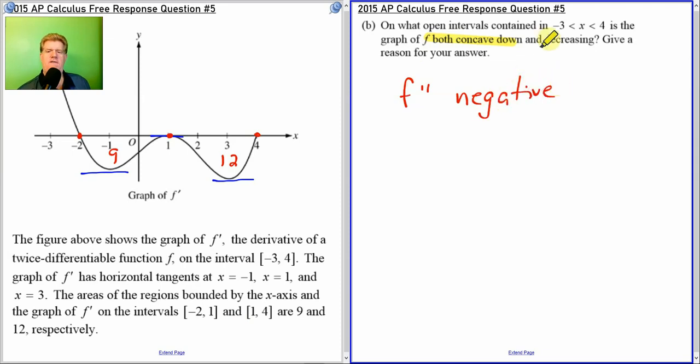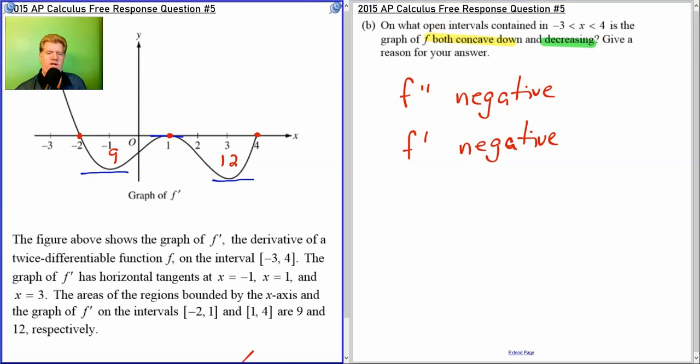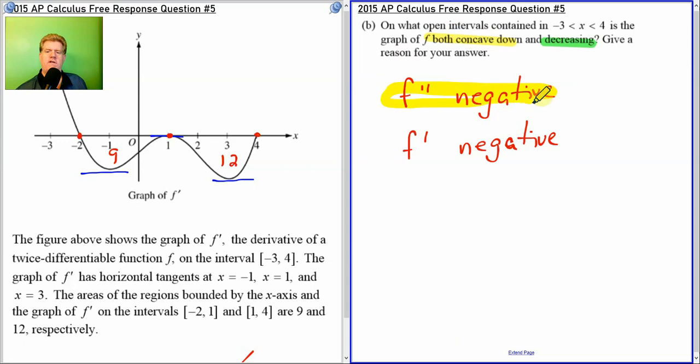F is decreasing when its derivative is negative. All right. So make sure we understand that. Concave down is second derivative. So concave down happens when f double prime is negative. Okay? F is decreasing. That's a first derivative. First derivative says increasing or decreasing. So if you want decreasing, we want to know when f prime is negative.